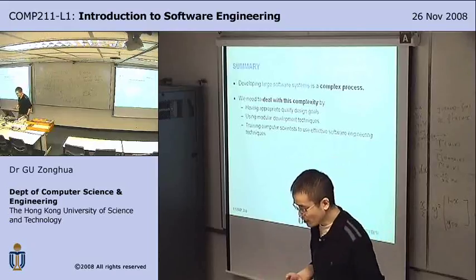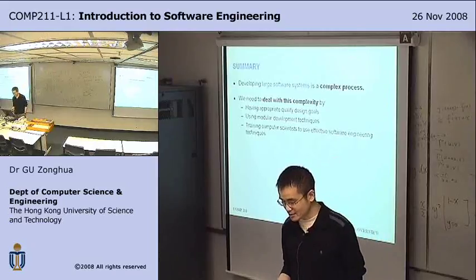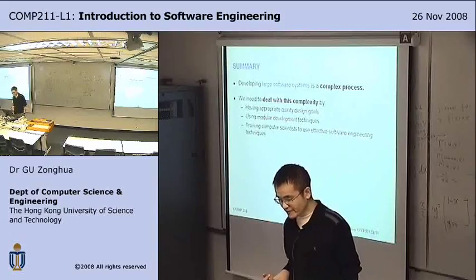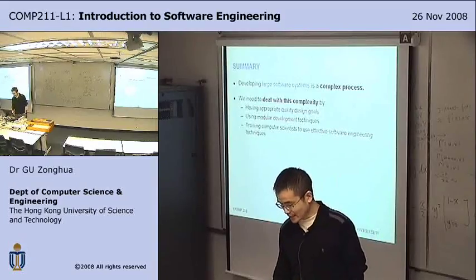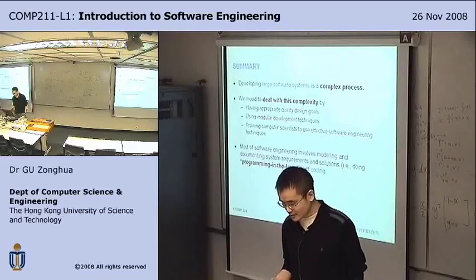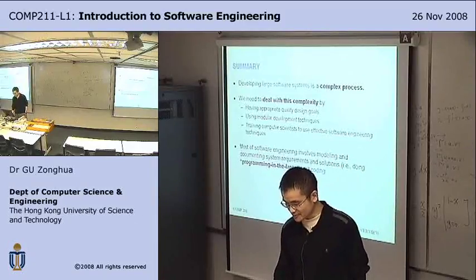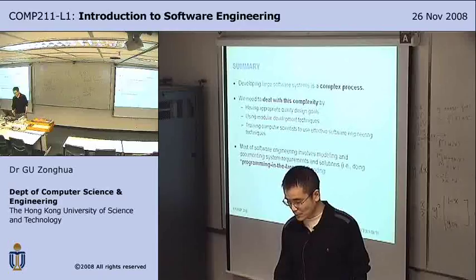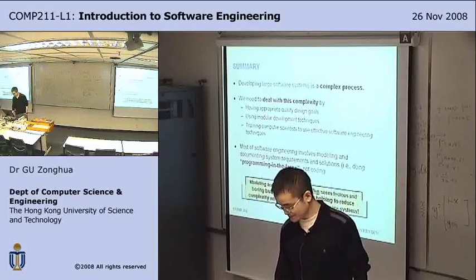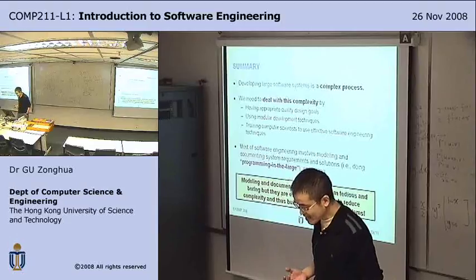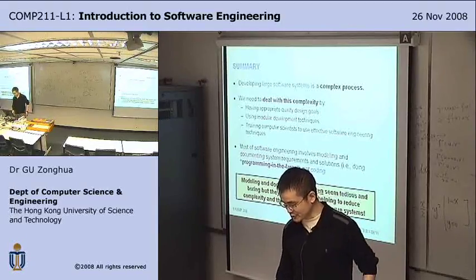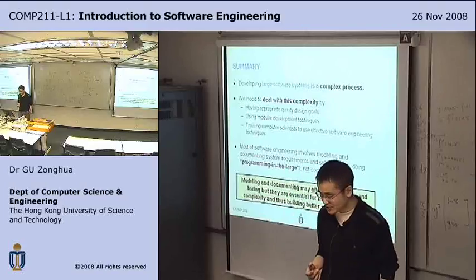Pick and choose the quality design goals you want for your project. Don't try to aim for all design goals. It's not possible. Modular development and software engineering techniques, including software methodology and processes, programming in the large, modeling and documentation are very important, not just coding. They may seem tedious and boring, but they're essential for helping to reduce complexity and building better software systems.